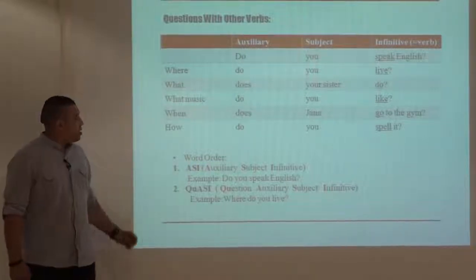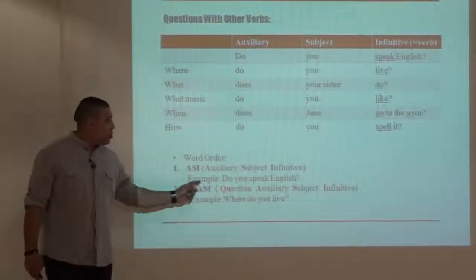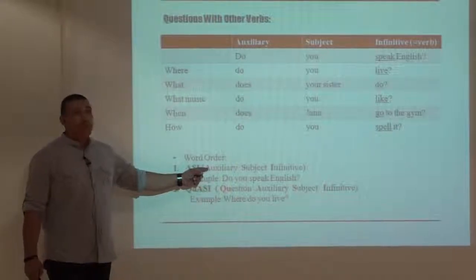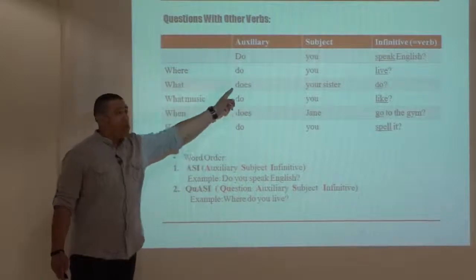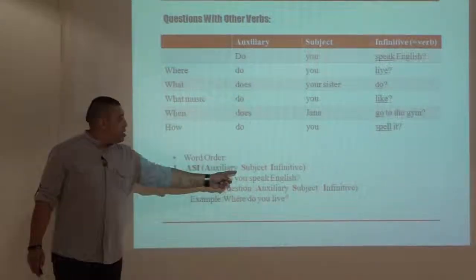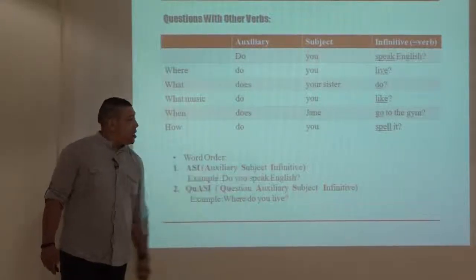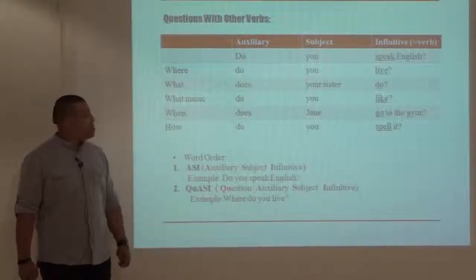The first one is ASI questions, which stands for auxiliary. Auxiliary in the present simple tense is do or does, and this is followed by the subject and infinitive. Infinitive stands for main verb.